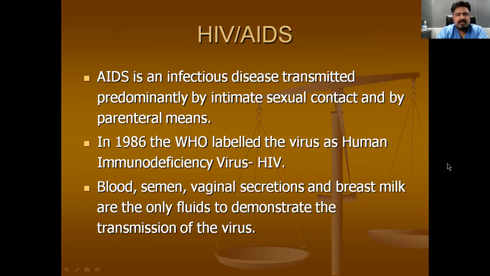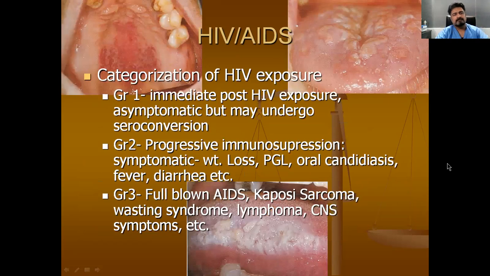Then next is HIV or AIDS. AIDS is an infectious disease transmitted predominantly by intimate sexual contact or by parenteral means. In 1986, WHO labeled the virus as human immunodeficiency virus. Blood, semen, vaginal secretion, and breast milk are the only fluids that demonstrate transmission of the virus.